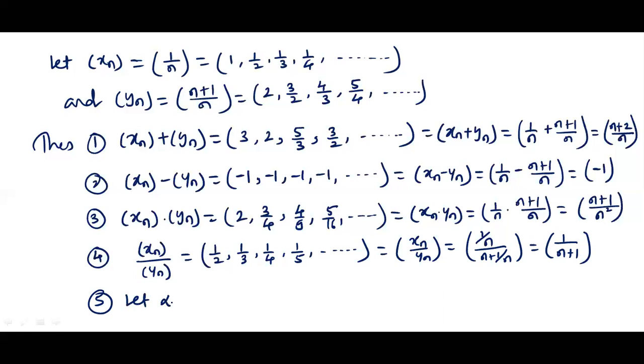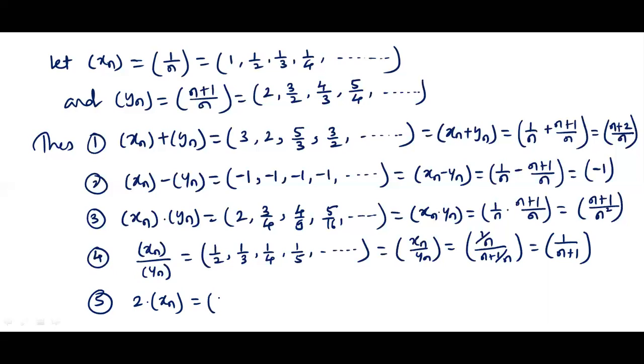Let instead of alpha, suppose you take 2. If you multiply the sequence xn by 2, then what is 2 into xn? That is the scalar multiplication of 2 and the sequence xn. We have to multiply each term of the sequence xn by 2.